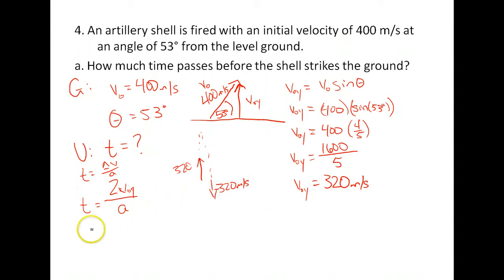So our change would be 2 times that initial velocity. So let's do that. 2 times 320 divided by 10, which gives us 640 divided by 10, which is 64 seconds. So there's our answer.